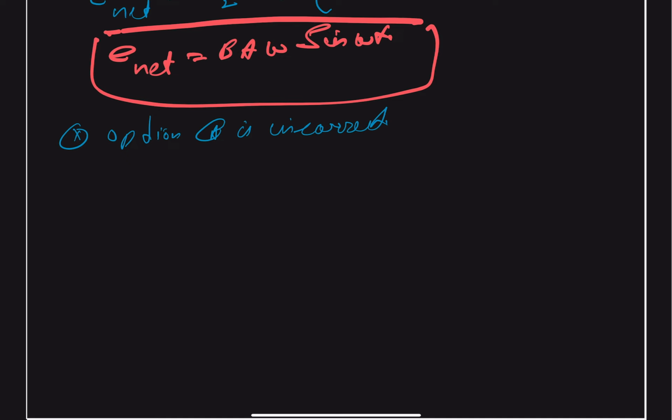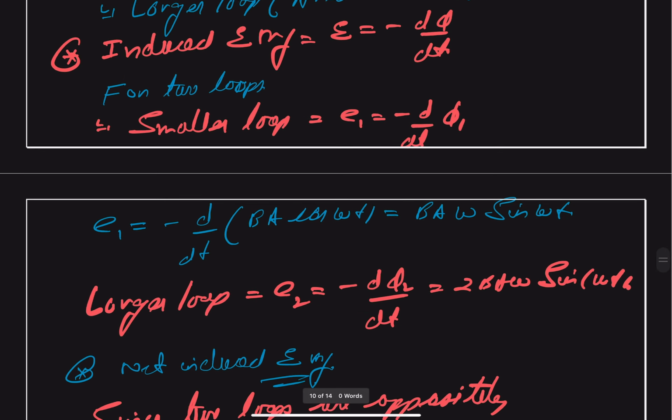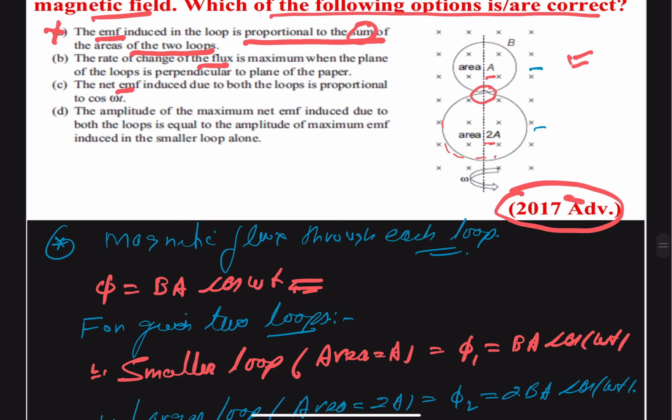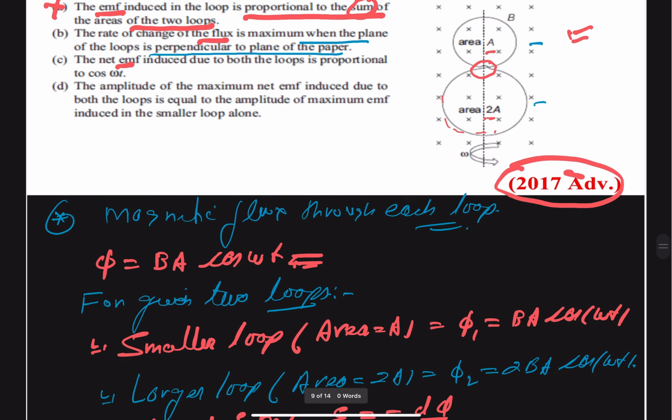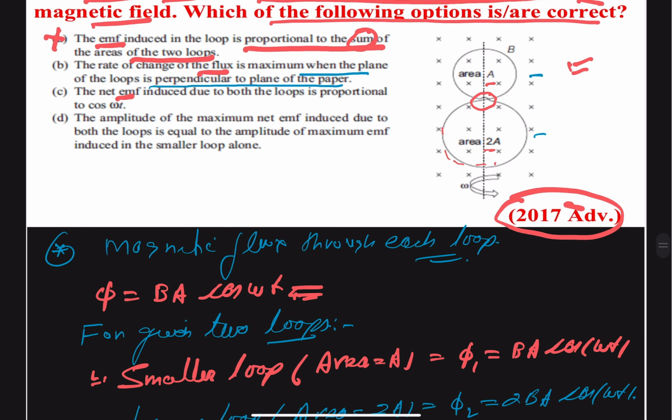And option B, it is given that the amplitude is maximum. Let me check one second. The rate of change of flux is maximum when the plane of the loop is perpendicular to the plane of the paper.